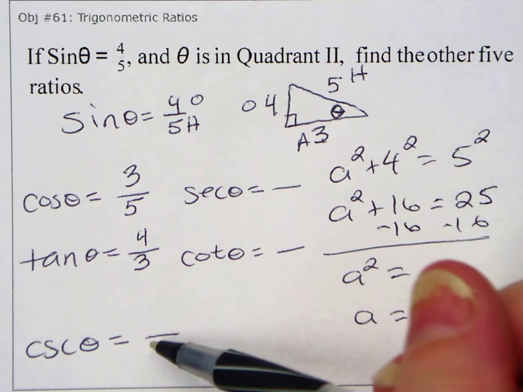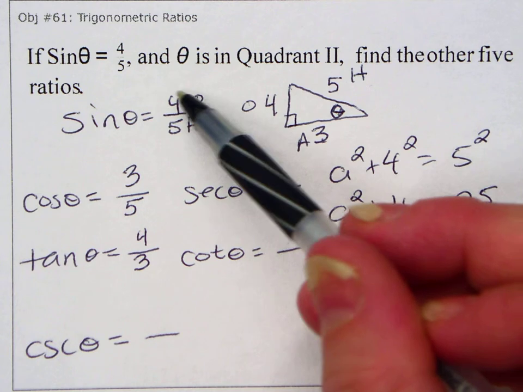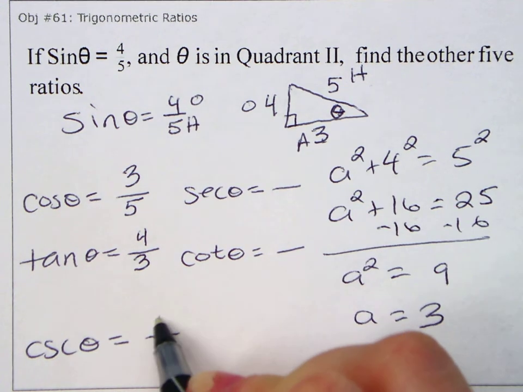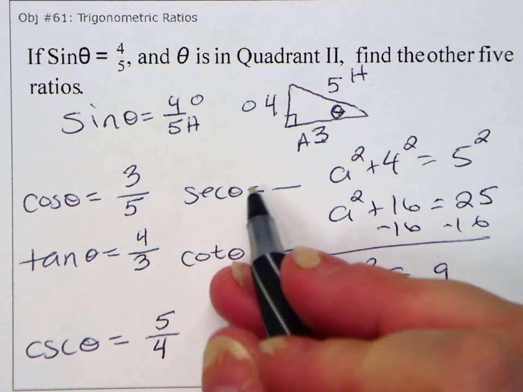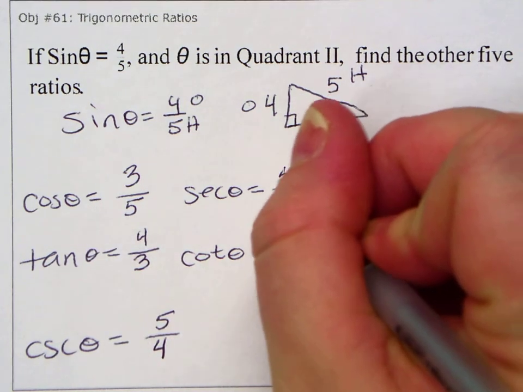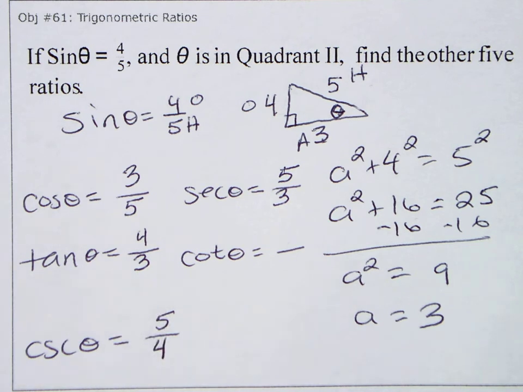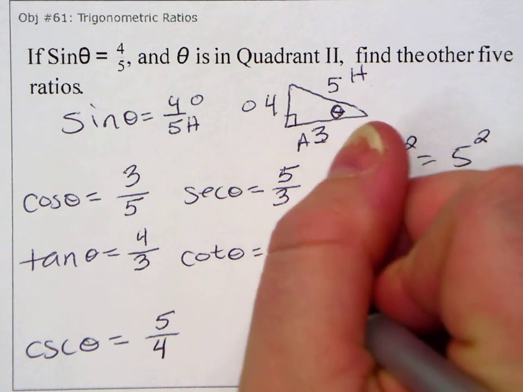All right, now what's cosecant? Cosecant is the reciprocal of sine, so what is it? 5 over 4. I'm just going to flip it. Secant is the reciprocal of cosine, so it's 5 over 3. Hypotenuse over adjacent. And cotan is the reciprocal of tan. Adjacent over opposite, so 3 over 4.